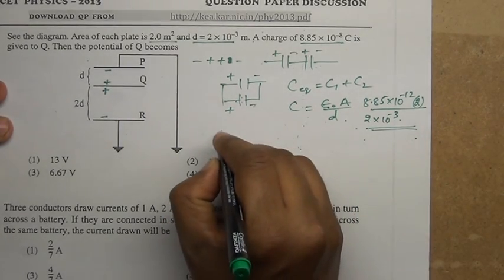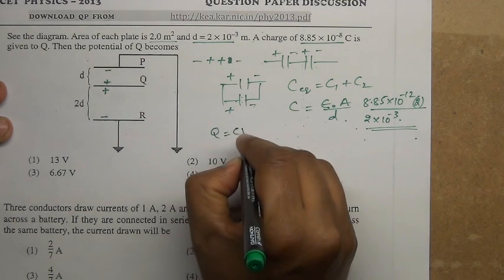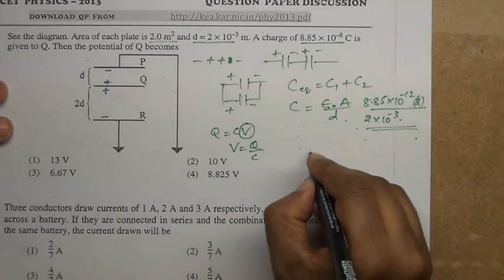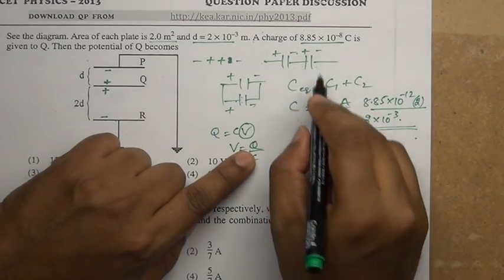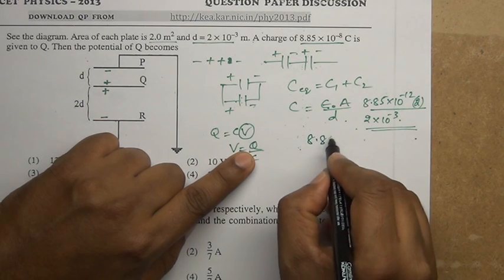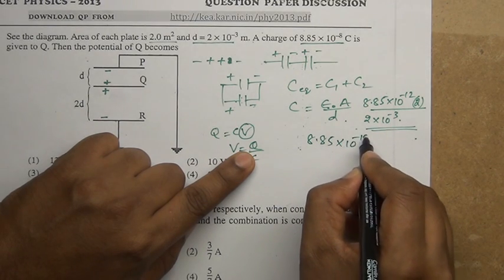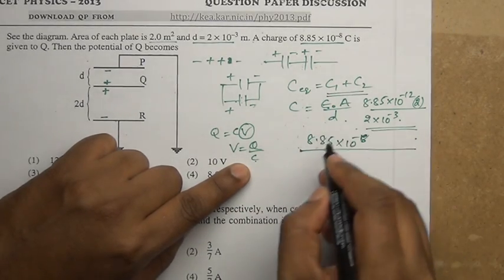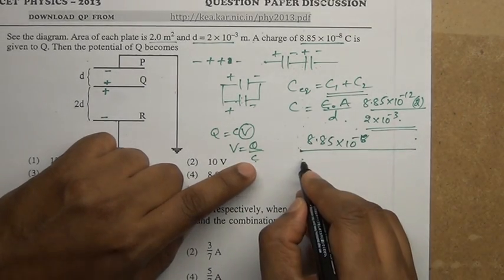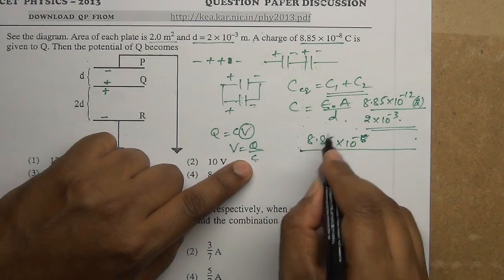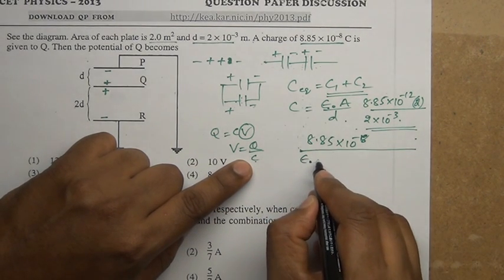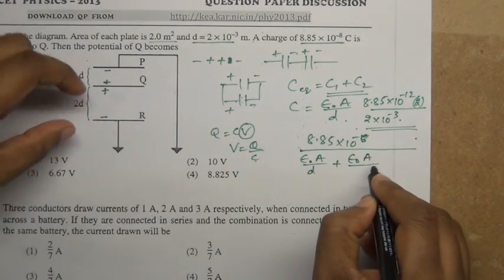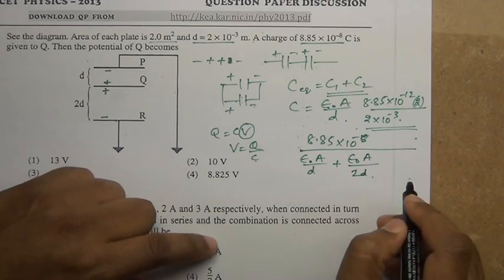We also know q equal to CV. Therefore V equal to q by C. Charge is given as 8.85 into 10 power minus 8, divided by C, which is C1 plus C2. C1 plus C2 is epsilon naught A by d plus epsilon naught A by the distance between these two, which is 2d.